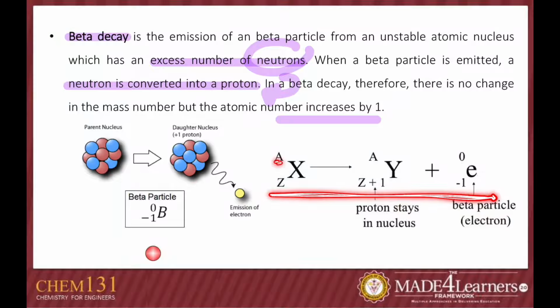This is A, and with 0 it is still A. This is Z, and with negative 1 it becomes plus 1, so Z plus 1 minus 1 is still equal to Z. So in beta decay, there are more neutrons, and when a beta particle is emitted, a neutron is converted into a proton.